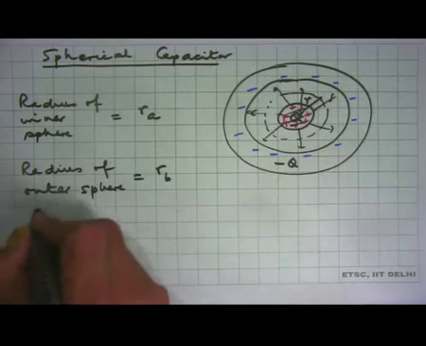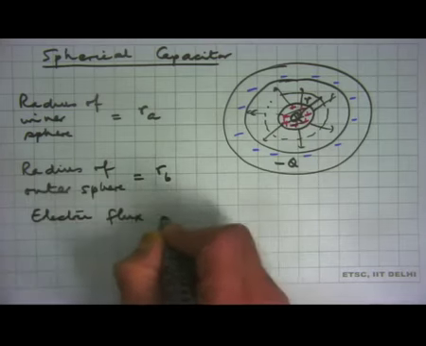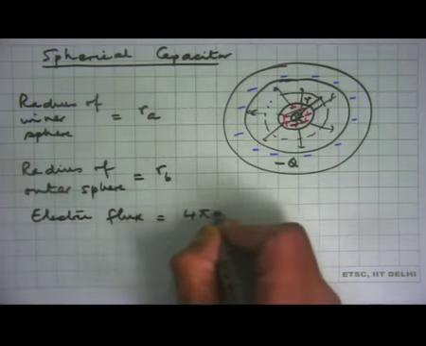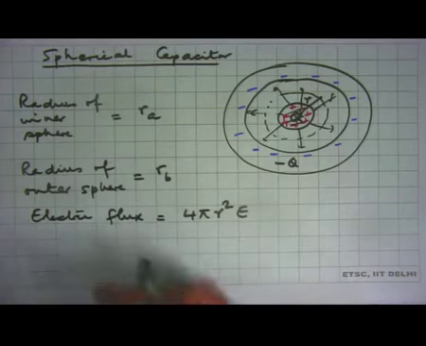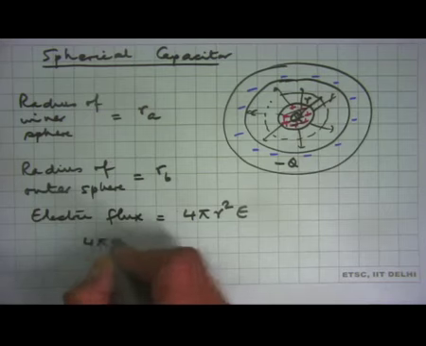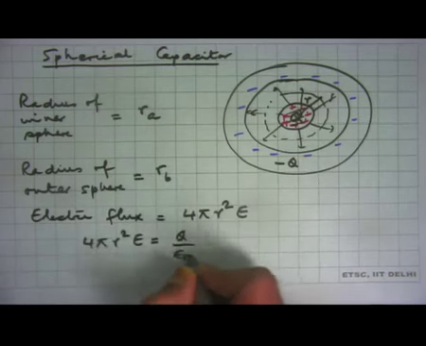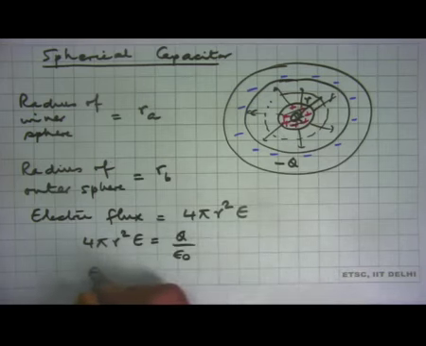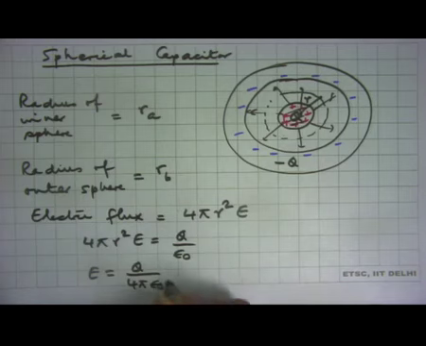So, the electric flux is equal to 4 pi r square into E. E is a radial electric field, and the charge contained is capital Q. So, by Gauss's law, we have 4 pi r square E is equal to Q by epsilon 0, or electric field is equal to Q by 4 pi epsilon 0 r square.